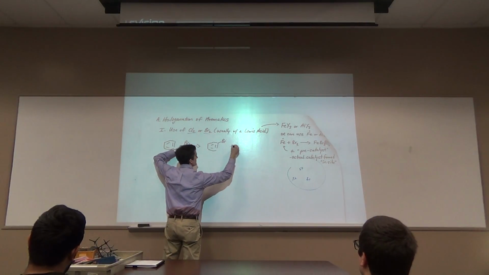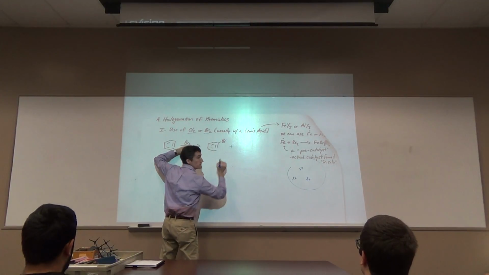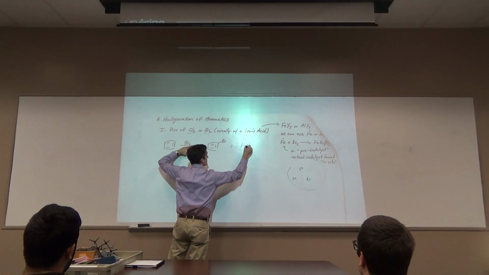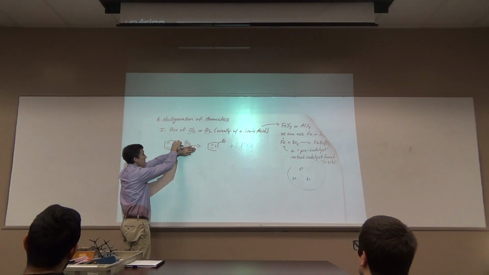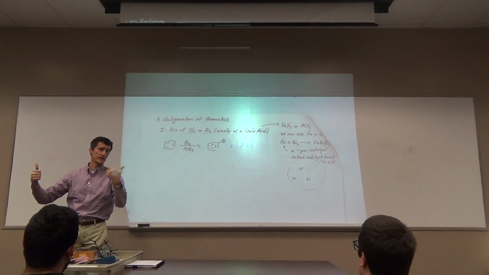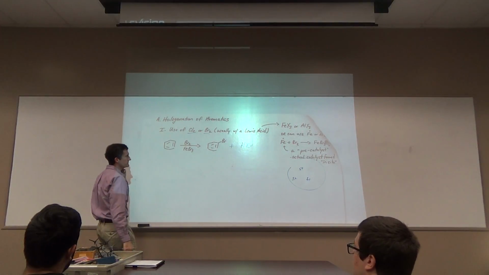Plus what? Plus HBr. That's the fate of the other bromine. And we do lose an H, right? So there's a bromine to account for, and there's an H to account for. Sounds like it might be HBr.